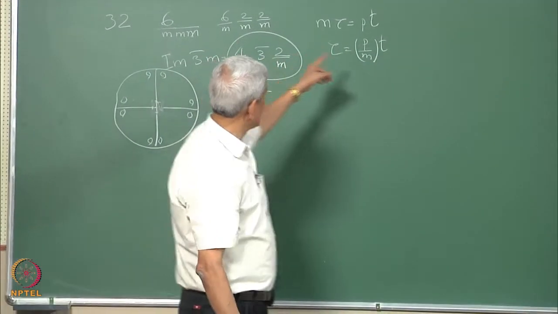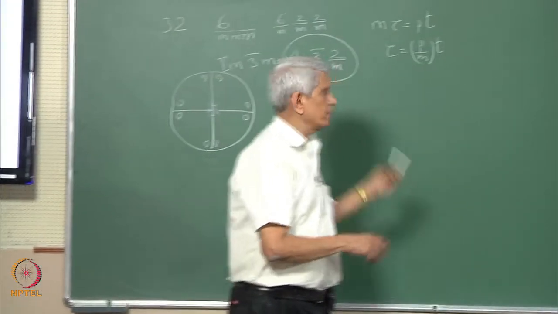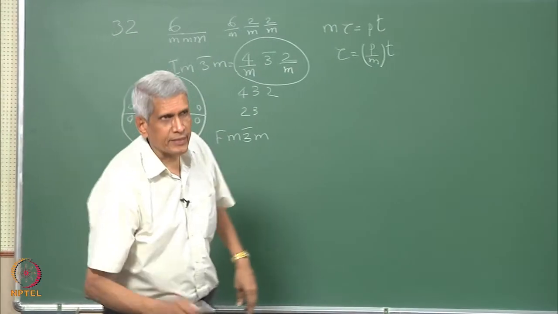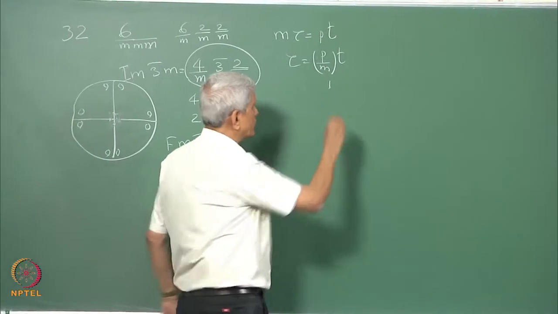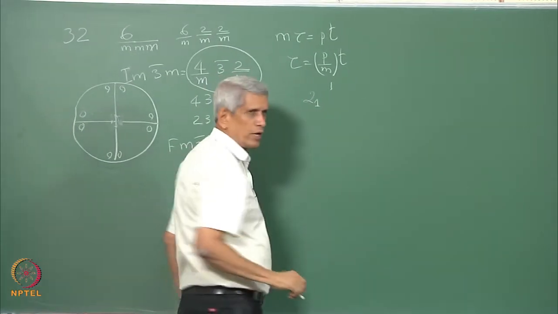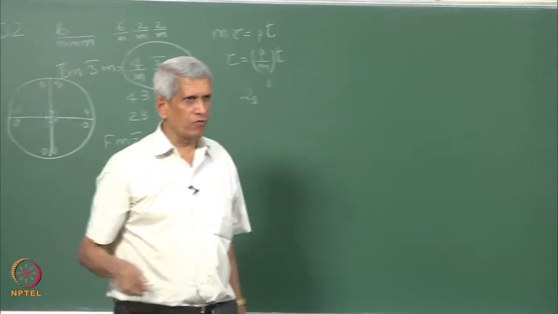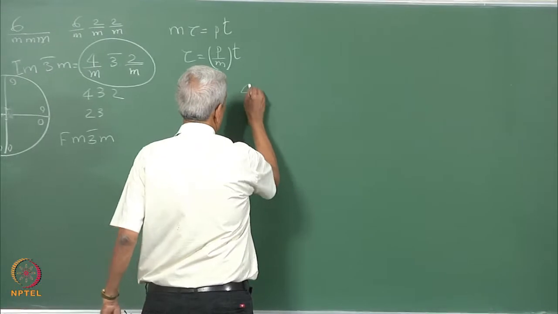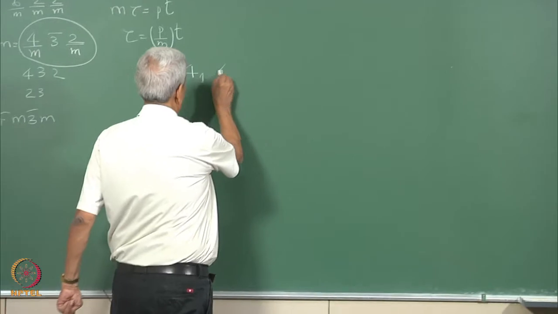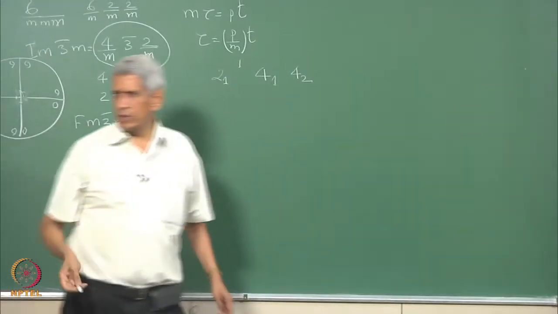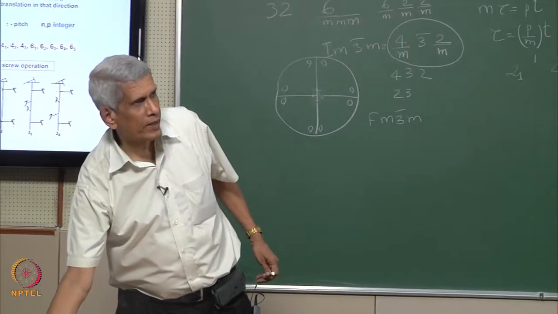So what we can make out here is that if this P turns out to be 1 in this case, okay, 1, and it is a twofold rotation, so this is represented as 2-1, okay. Similarly, when we consider the fourfold, we have a 4-1, okay, another is 4-2, that is corresponding to this one, okay.